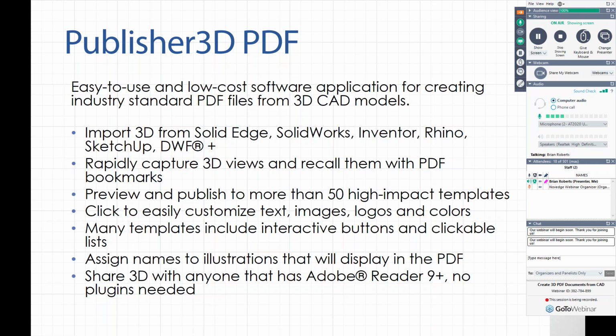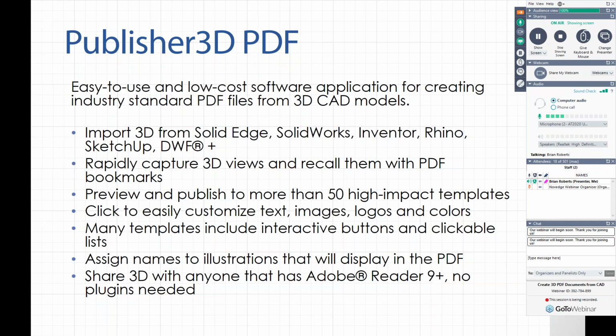So what you use the software for then is to rapidly capture your 3D views, and then in the PDF you can recall them in a variety of ways, one being bookmarks, and then publish that information through some templates. I'll get into the rest of this a little more. I'm going to move on, but you'll see through the demo how we can do some of the things like customizing, looking at using buttons and clickable lists, and then the rest of those there.